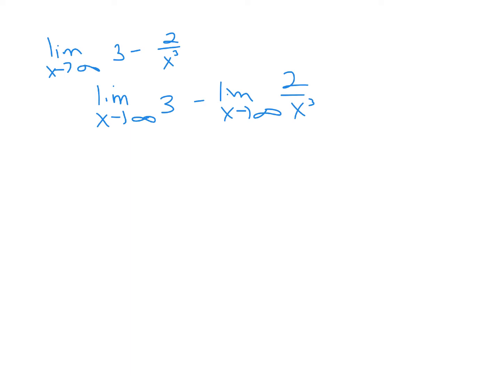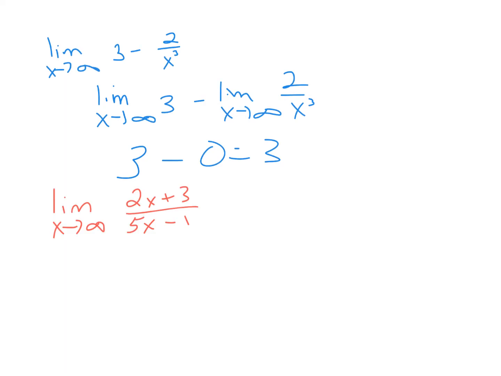As we go to infinity, limit as x approaches infinity of 3, it's just going to be 3 the whole time. Alright, so your answer for that one's going to be 3. And then, based on your previous theorem, 2 over x cubed, the limit of that as x approaches infinity will be 0. So 3 minus 0 is 3.